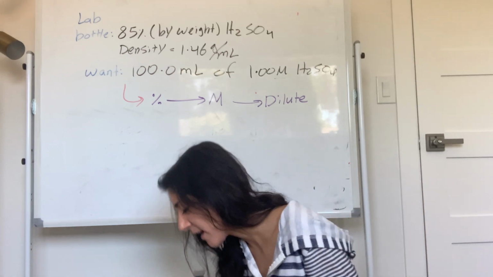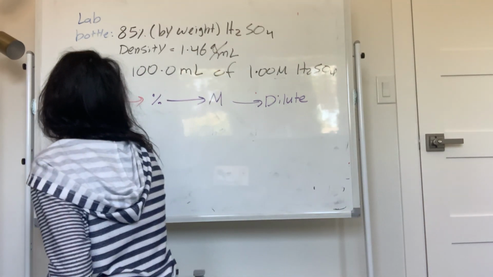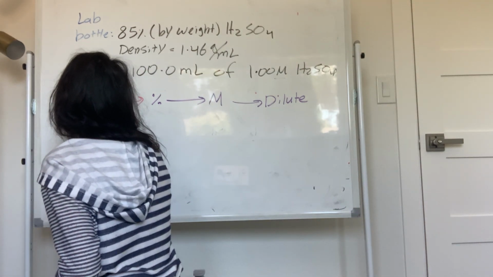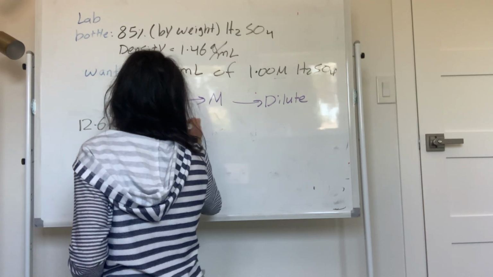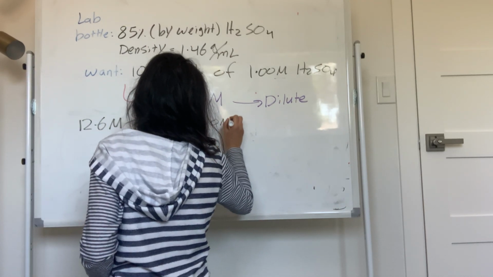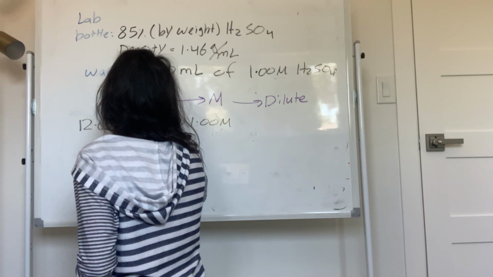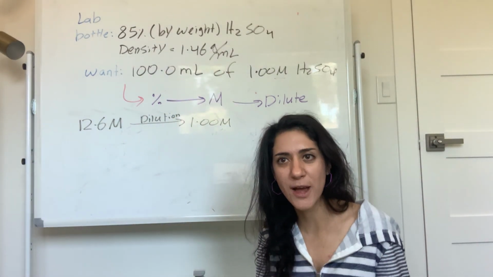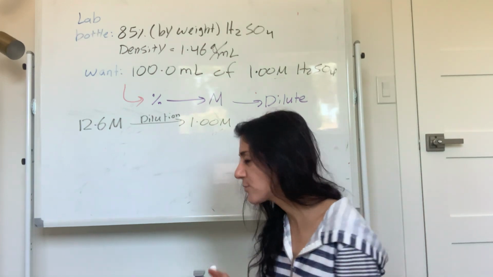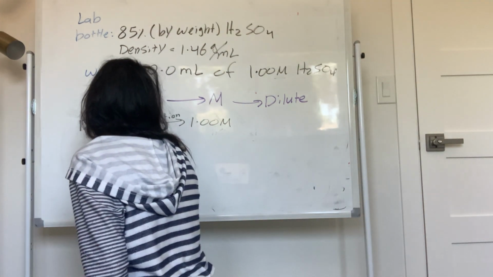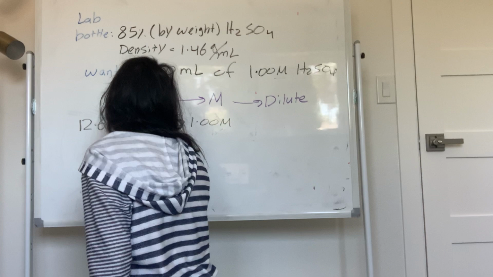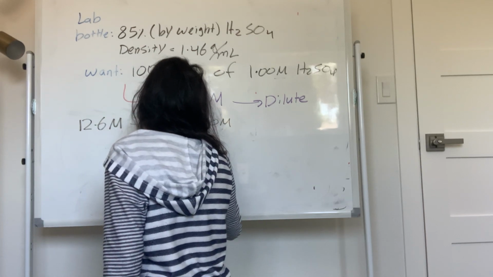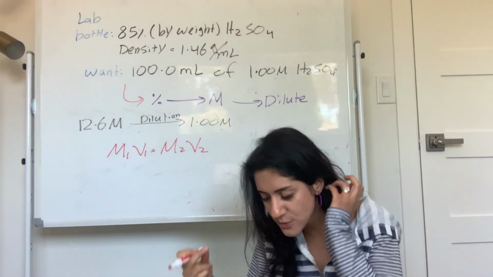Good job. Okay, I'm going to write this down to make sure we're on the same page. So the bottle is 12.6 molar, but what I want is 1.00 molar. So what I have to do is dilution. And every time you have to do dilution, the equation for dilution is M1V1 equals M2V2.